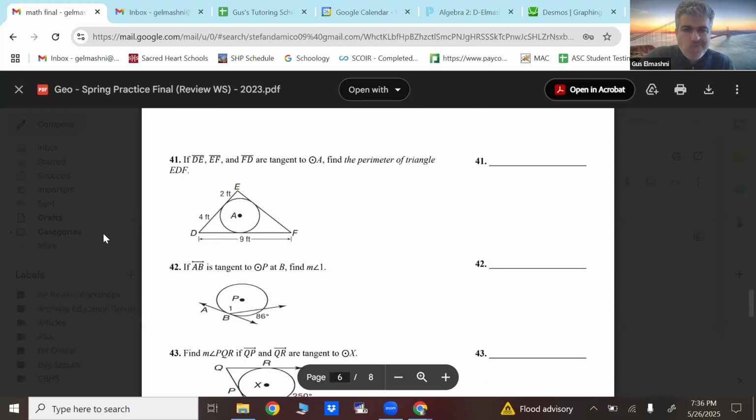Oh, I'm tripping. Of course, that's two because they're equal distance.